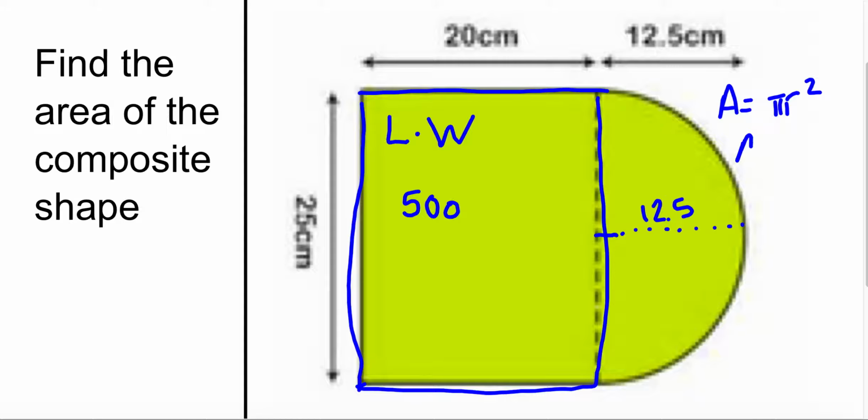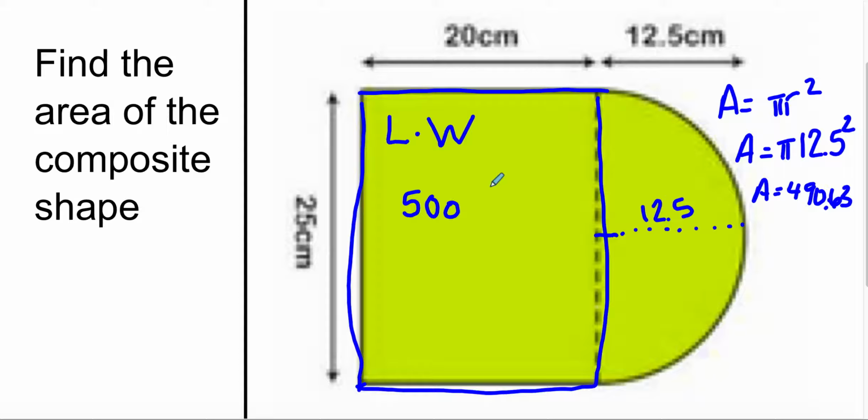When I get here, we just go through all the steps that we did before, and we say pi times the radius squared. So that means I need to take 12.5 and square it, and then I need to take that times pi, and that gives me 490.63, and I'm rounding that to the nearest hundredth.